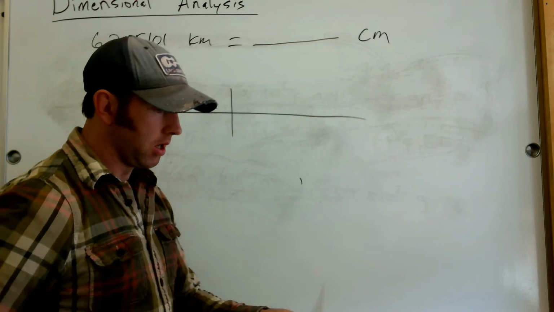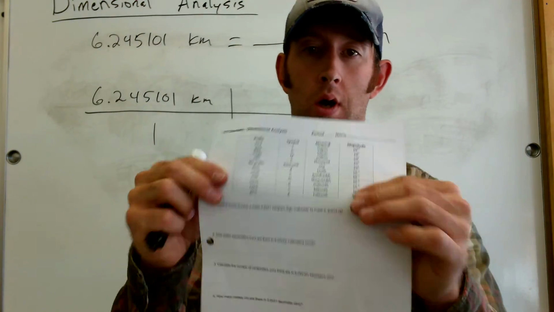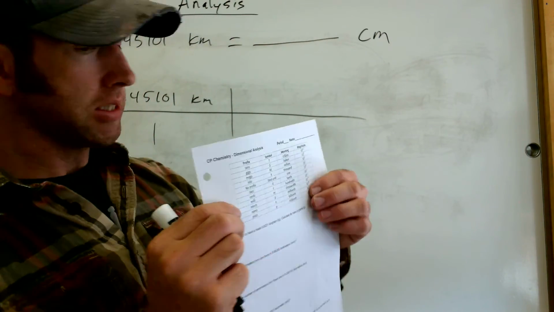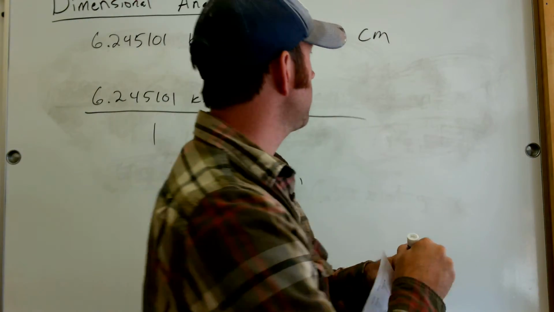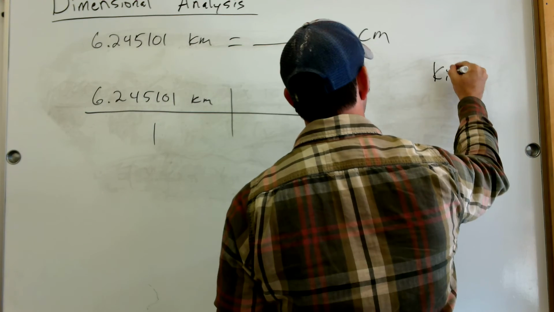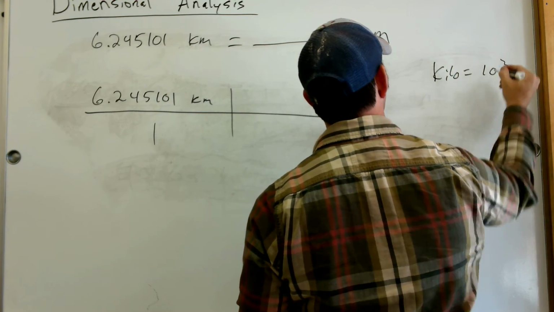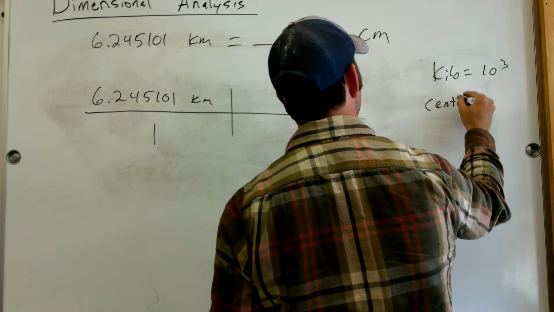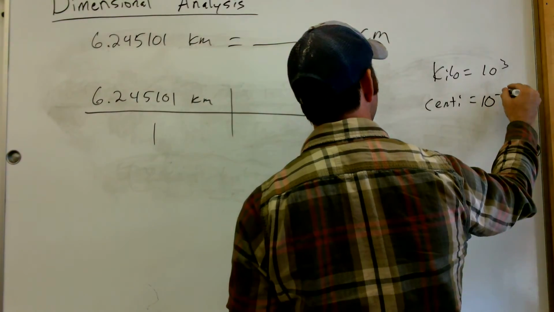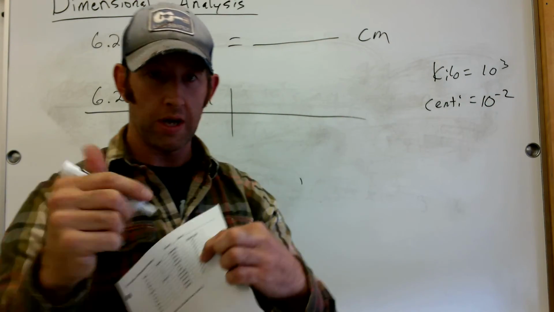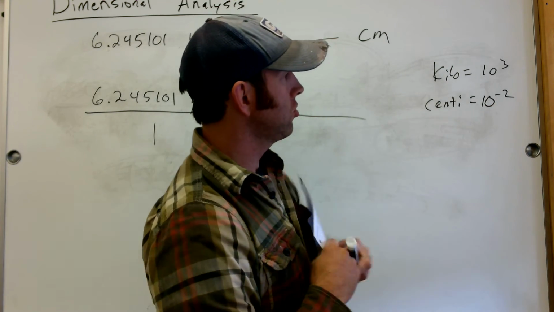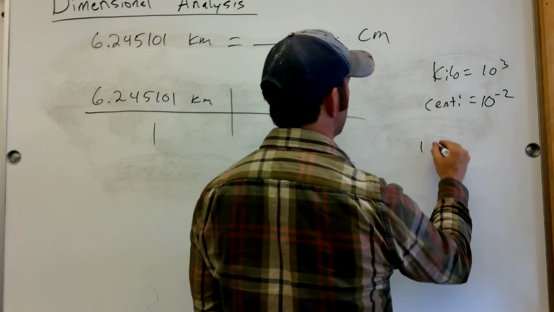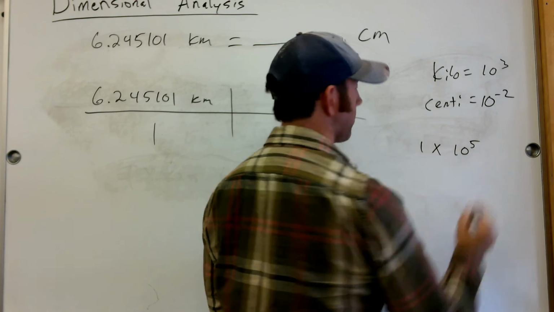And so again, go to my handy table. Find kilo and centi on my table. So kilo's up here, right, at 10 to the third. Centi equals 10 to the negative 2, which you find in that table. So my difference in magnitude between 3 and a negative 2 is 10 to the 5th.